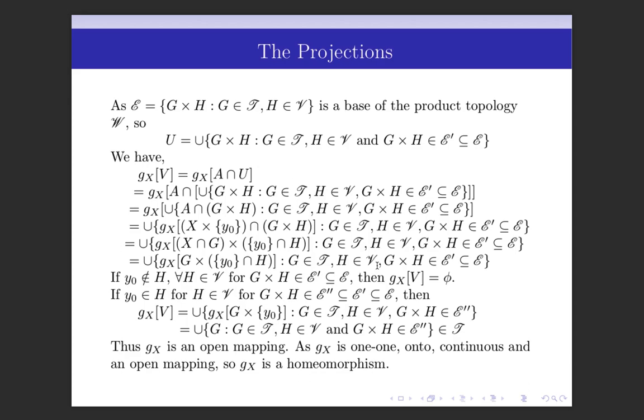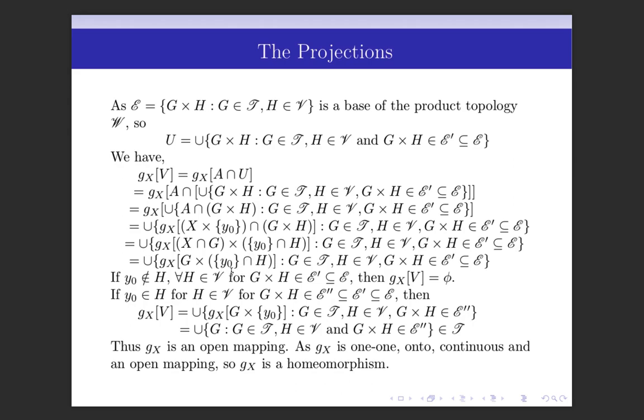If Y naught doesn't belong to H, where singleton Y naught is a subset of Y and H is a subset of Y, then for every G cross H in E dash, if Y naught doesn't belong to H, here we have phi, the empty set.